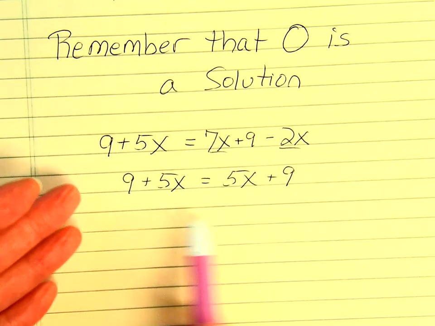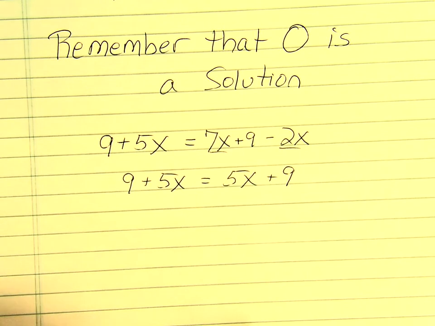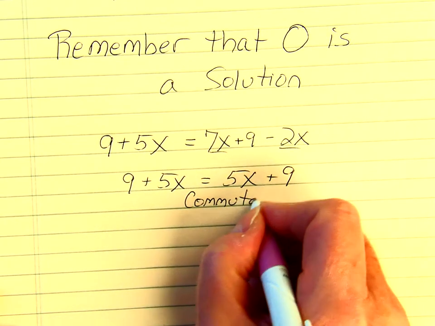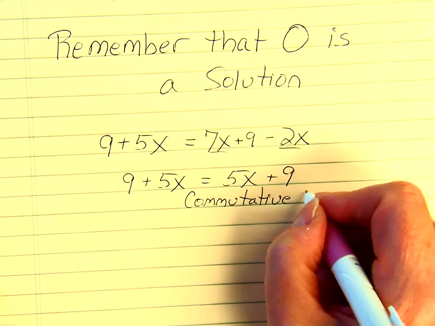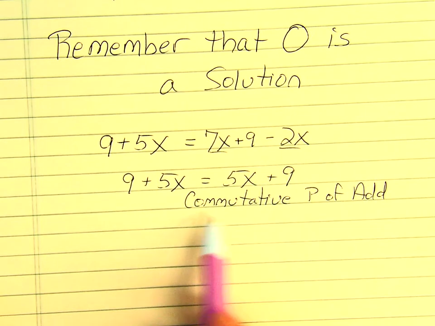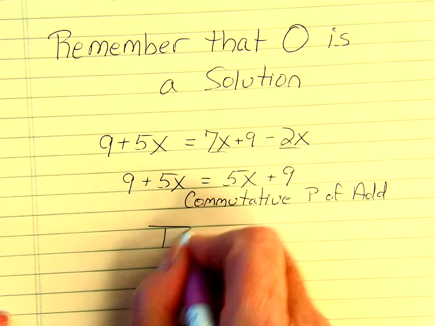Hopefully you can see that with the commutative property of addition, these are exactly the same. In cases like this, this is called identity.